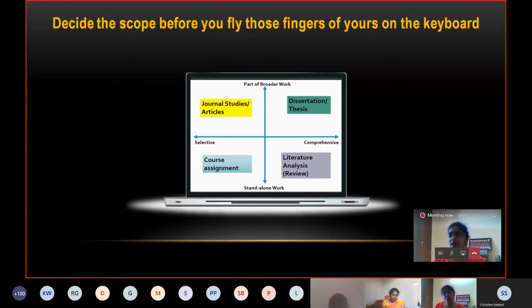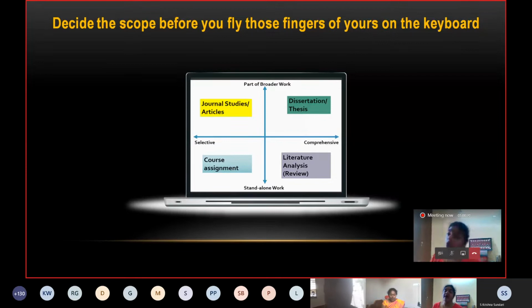Now, before getting into your actual work, you also have to see what is the scope, to what depth you would want to go in a particular publication. That depends upon the kind of publication that you are targeting. If it is a dissertation thesis, it requires a thorough, in-depth study of literature.